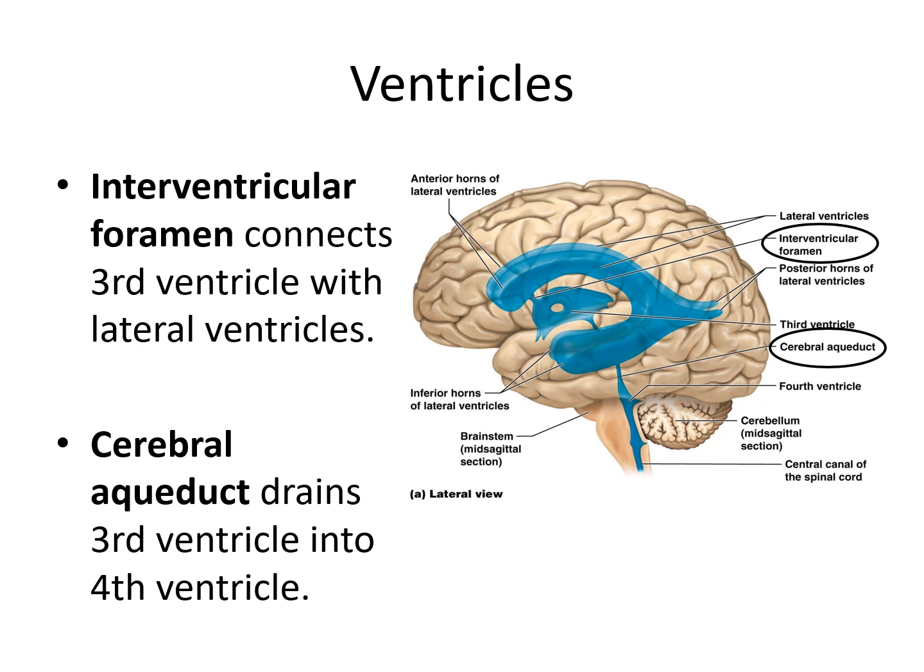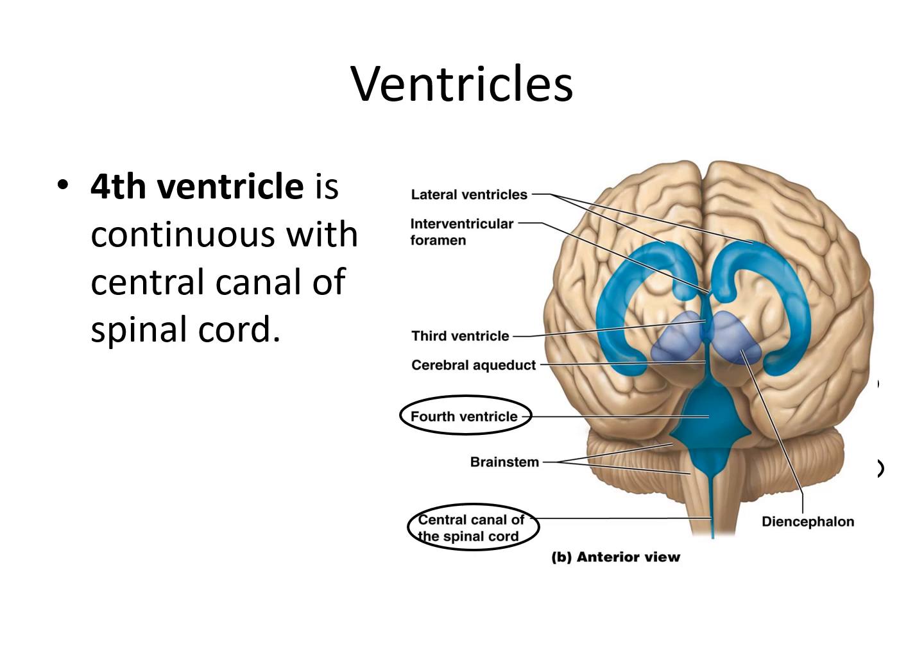The first is the interventricular foramen, and this connects the 3rd ventricle with the lateral ventricles. And also the cerebral aqueduct connects the 3rd ventricle with the 4th ventricle. And then the 4th ventricle is continuous with the central canal of the spinal cord, which we mentioned in a previous lecture on the spinal cord.